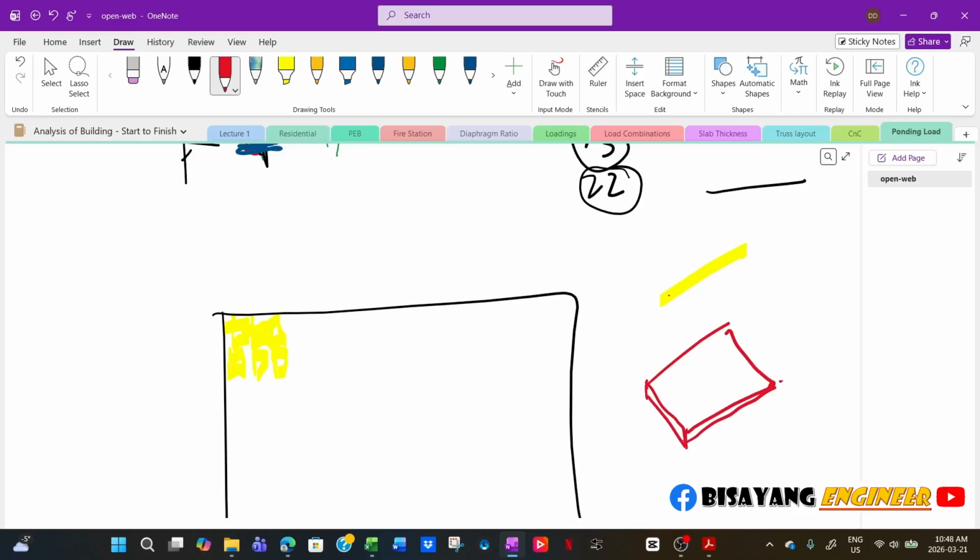This is typically 2 inches thick, and I think 12 by 12 inches or 16, and it is placed right here at the corners.